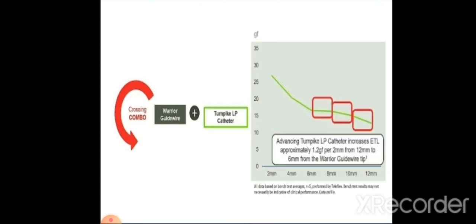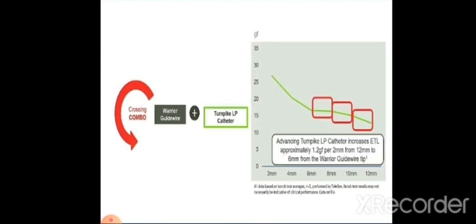So from 12 millimeter distance to 6 millimeter distance, there is an incremental increase of about 2 gram force for the moving of the microcatheter. But from 6 millimeter toward 2 millimeter, there is a very big jump toward a higher effective tip load. As we see here, there is a 14.7 gram force increase for the distance from 6 millimeter to 2 millimeter.